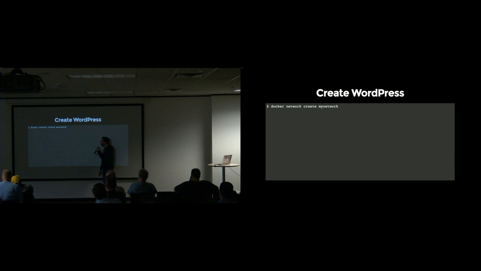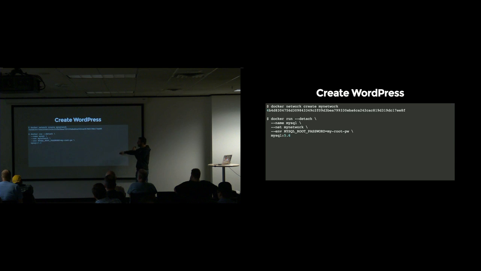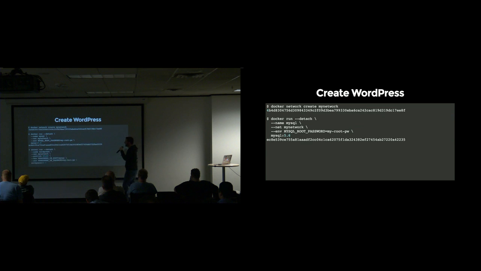We create a network in our cluster, and we'll get into the details of that a little bit later. We get an ID back, and then we do a Docker run. That's because it's been configured with those environment variables we saw earlier. This just works, and we give it a name, attach it to the network, and give it a random password. Create that as usual, and then we create our WordPress container.